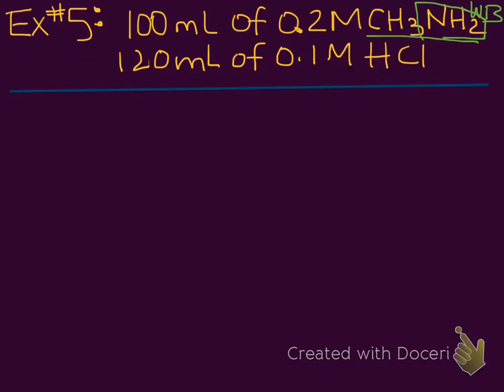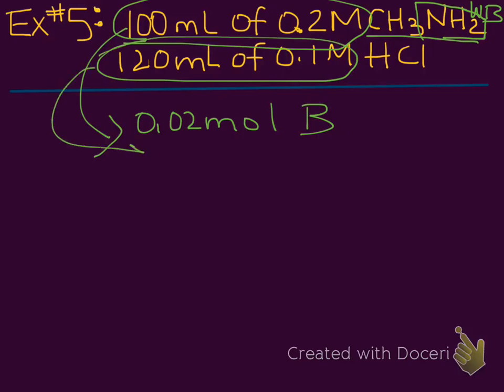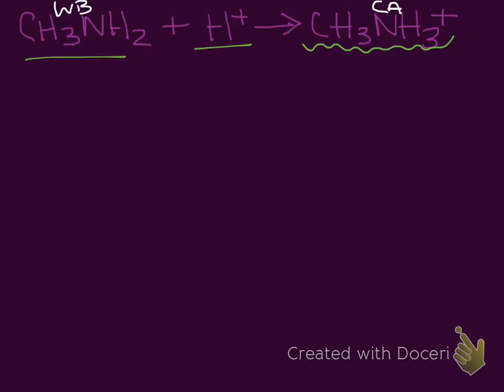All right, so now if we take 100 mL times 0.2, that's going to give us 0.02 moles of our base. I'm just going to label it B because that makes life easier. And we're going to end up with 0.012 moles of the H plus. And let's go ahead and add that in here.